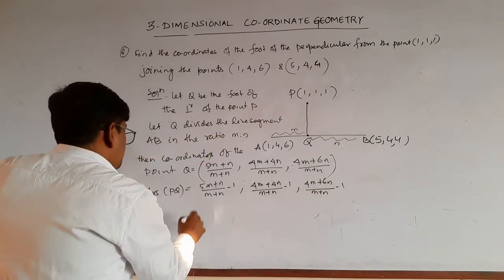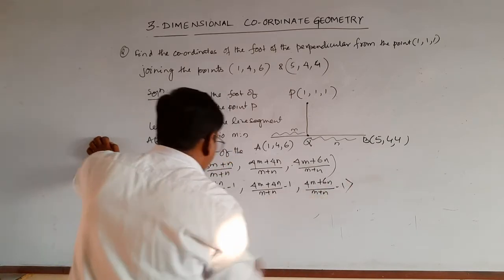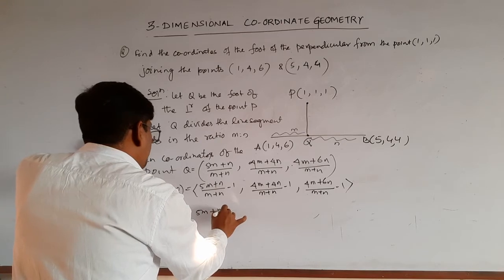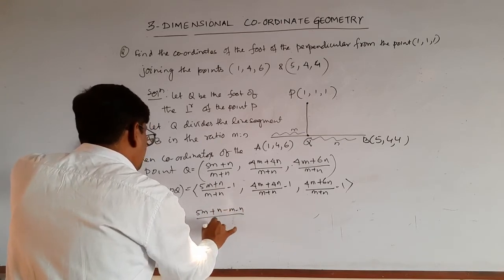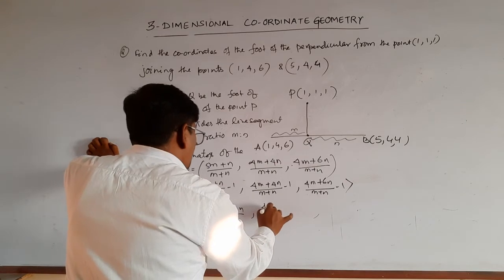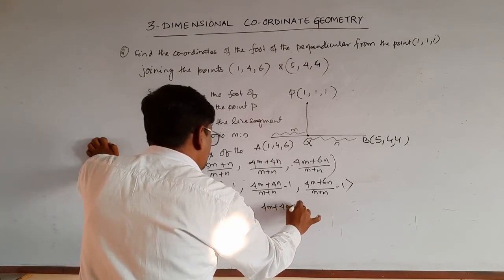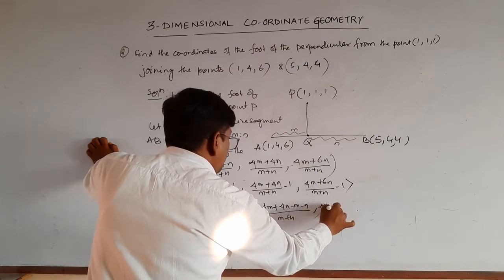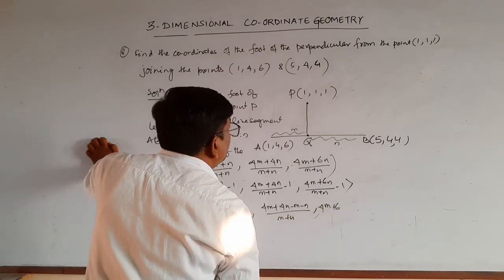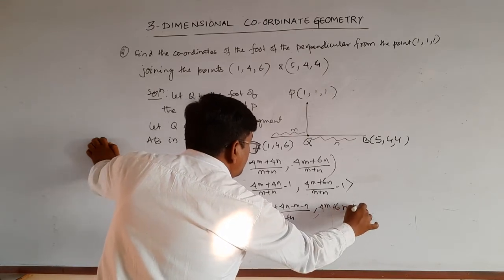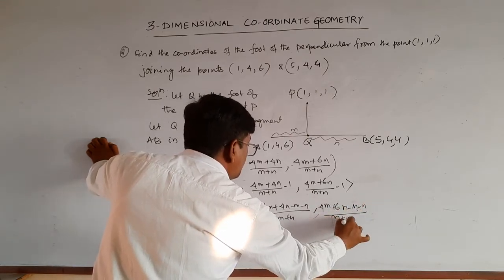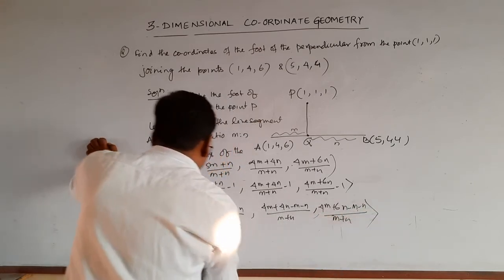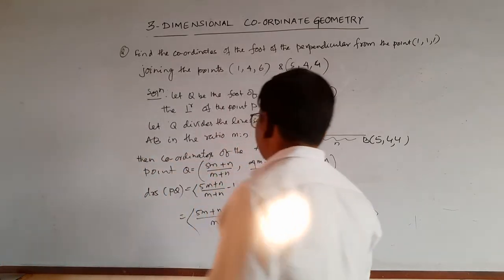So this is equal to 5m plus n minus m minus n divided by m plus n, 4m plus 4n minus m minus n divided by m plus n, 4m plus 6n minus m minus n divided by m plus n.